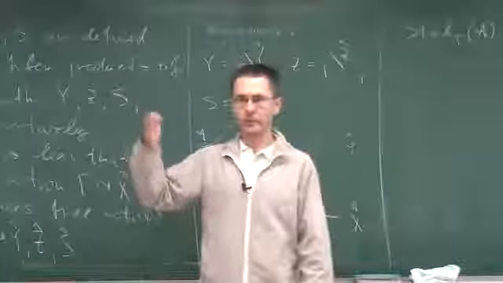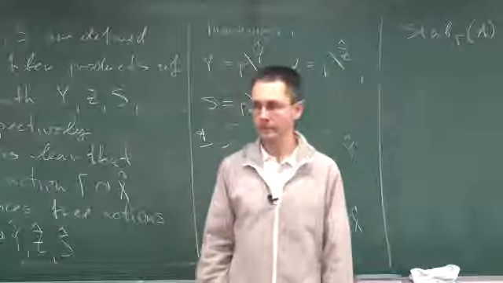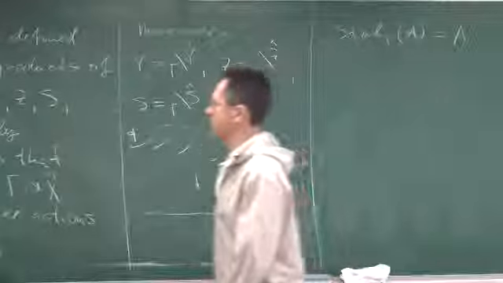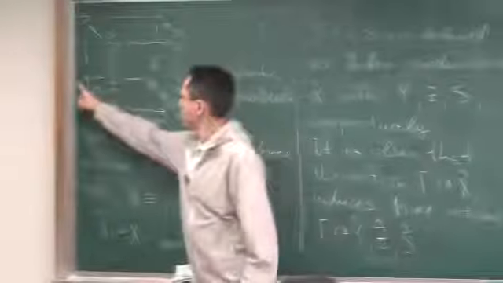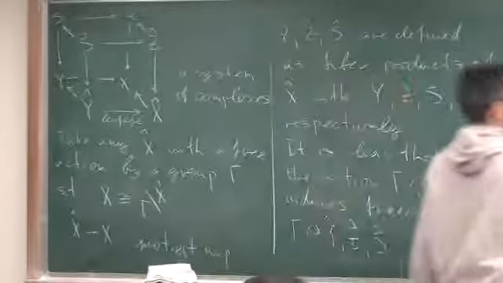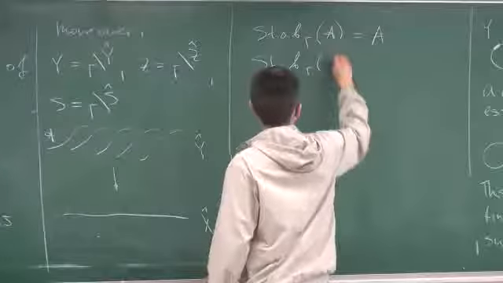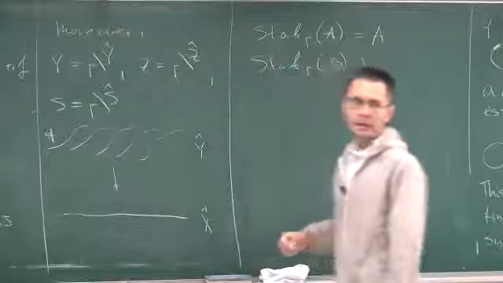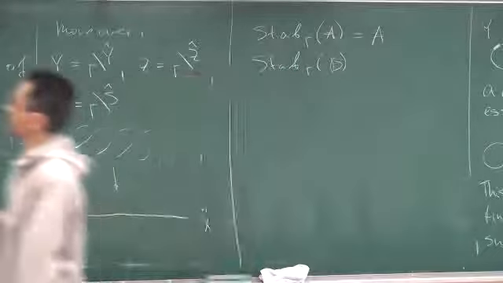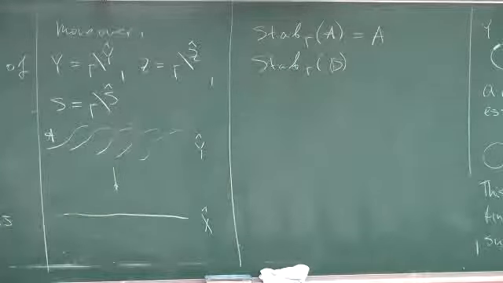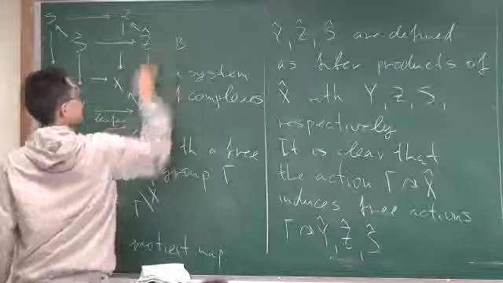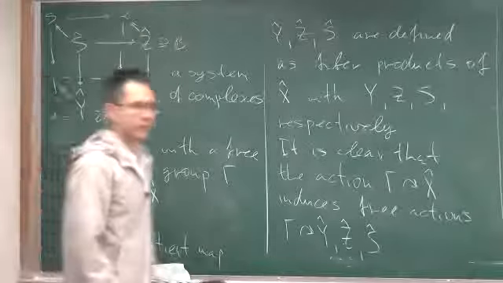I'm going back to the example of graphs. It's the fundamental group of Y. And similarly, the stabilizer of B, a similar component for Z. So A is a component here, and B is a component in Z hat. The stabilizer of B would be B.